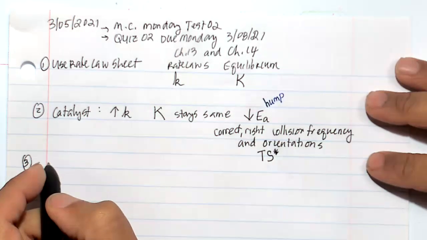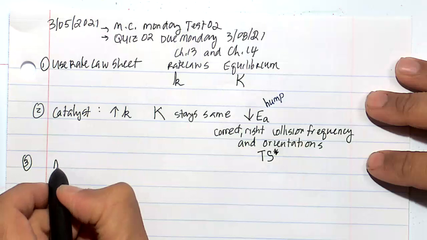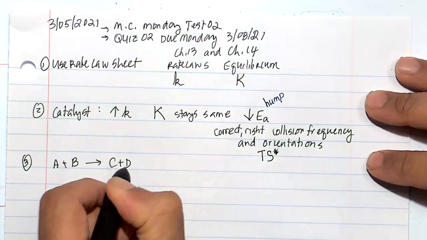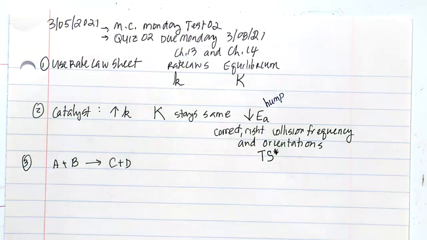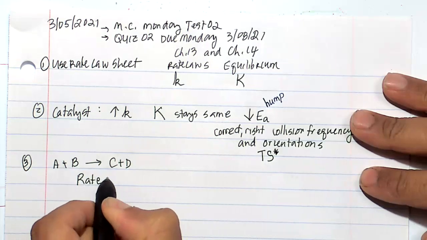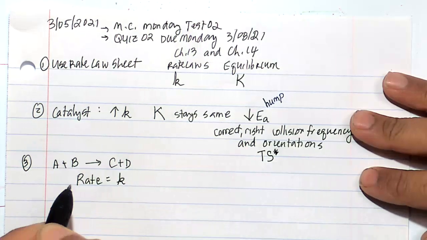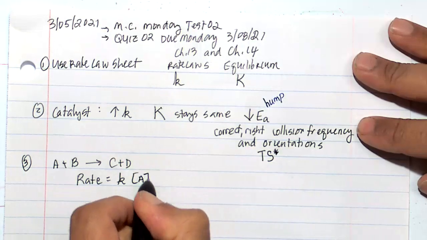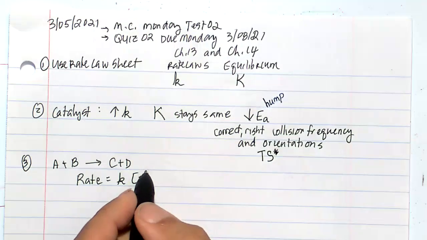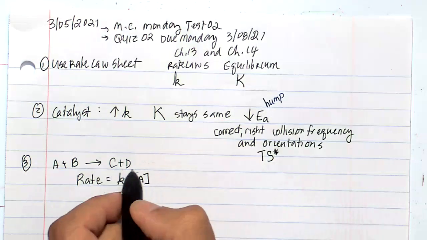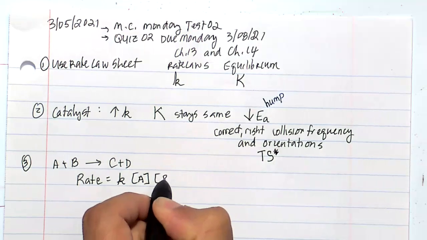Chapter 13 was all about rate laws. We have a generic reaction, A plus B goes into C plus D. Usually the rate law is going to be rate is equal to your rate constant k times the initial concentration of A raised to some power, and times the initial concentration of B raised to some power.